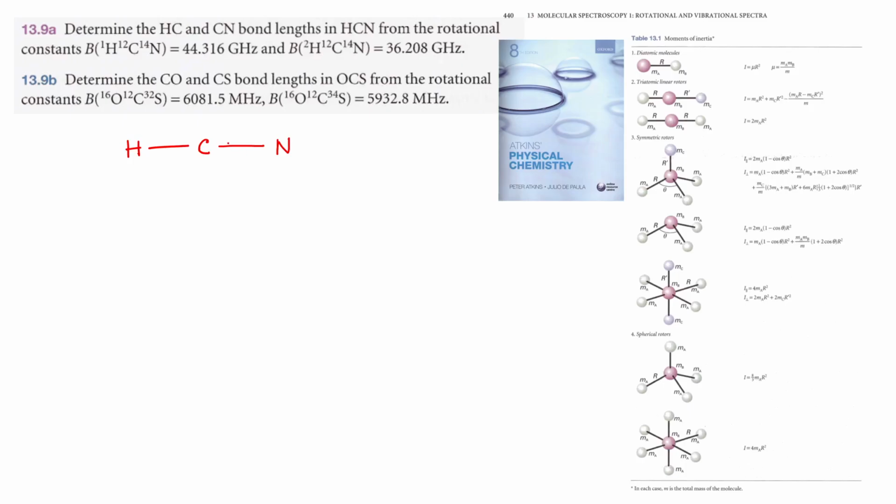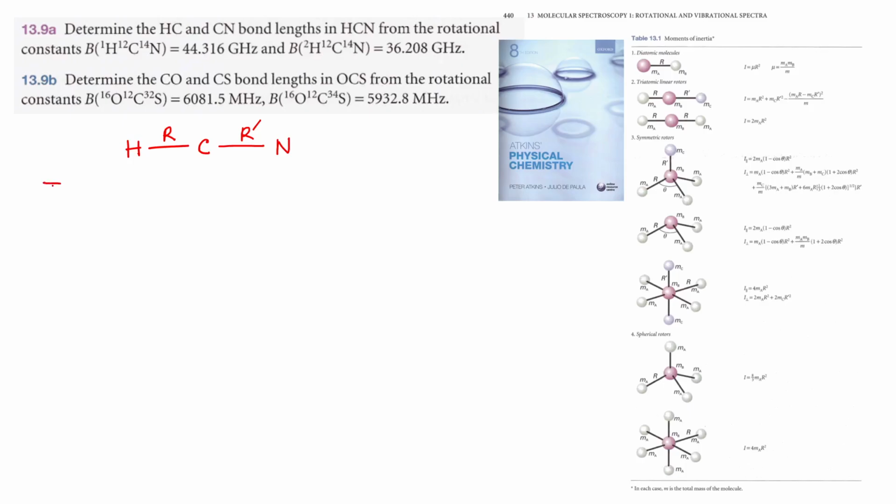Please don't judge. Anyway, suppose this bond length is R and this is R dash. Obviously, from our chemistry knowledge, R dash is going to be smaller than R, right? What do you think? Yes or no? Yes.